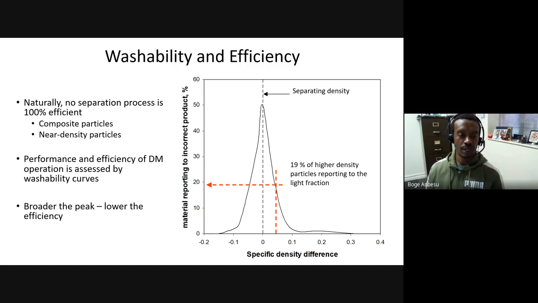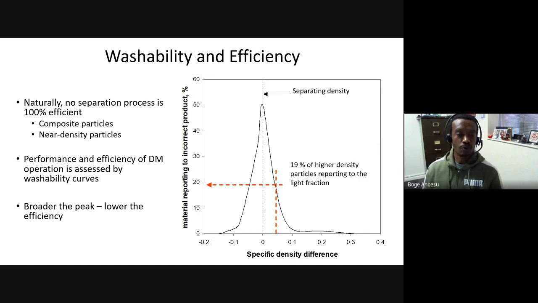But we want to know what is the fraction of near gravity particles. So obviously, if we say 1.5 is the separating density, and 25% of my particles are very close in specific gravity to this separating density, then I have a problem, because 25% of the particles may go to either the sink or to the float very randomly.